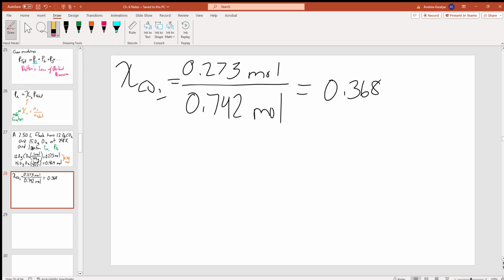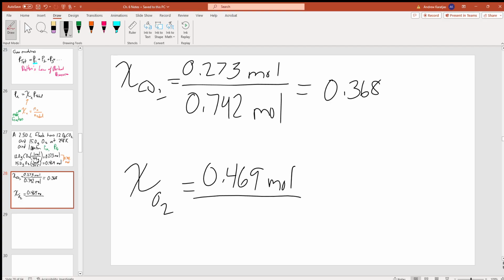For the mole fraction of oxygen, we can do it one of two ways. We can do the same thing we did above and use the moles of oxygen over the total moles. And we'll get 0.632.